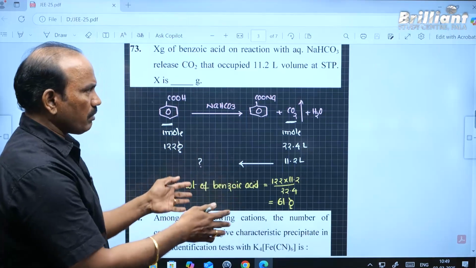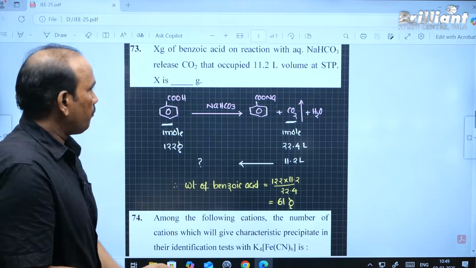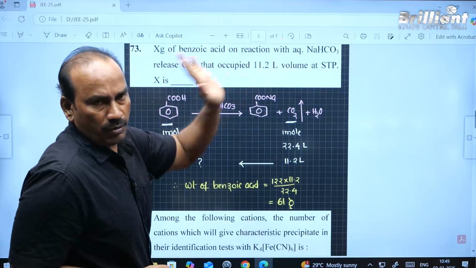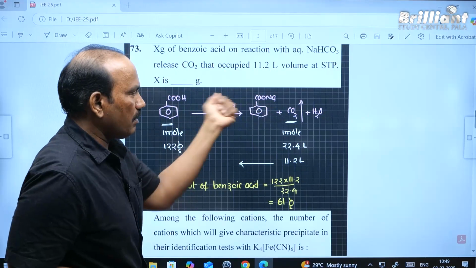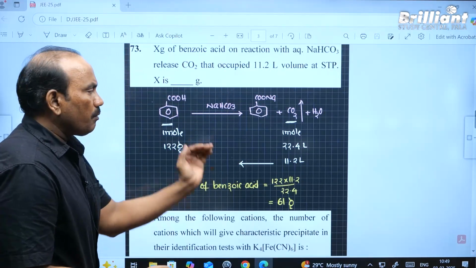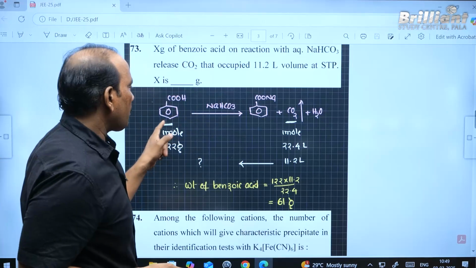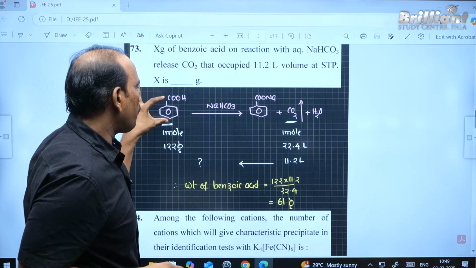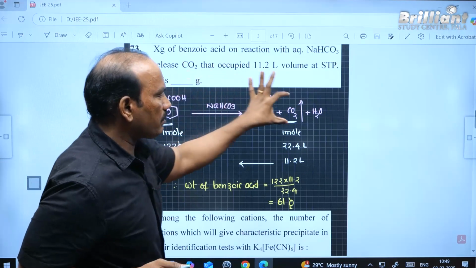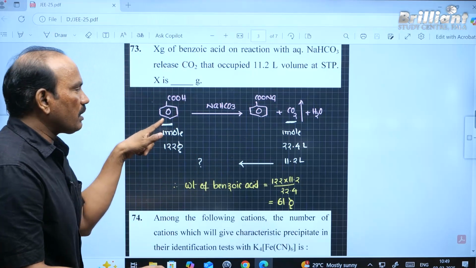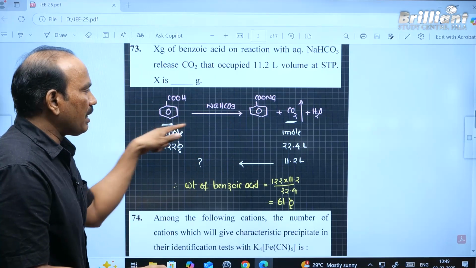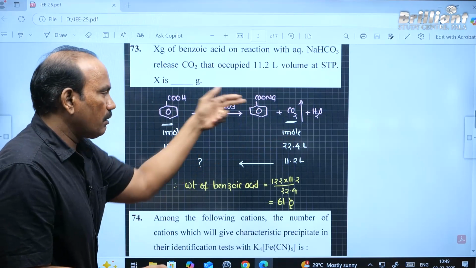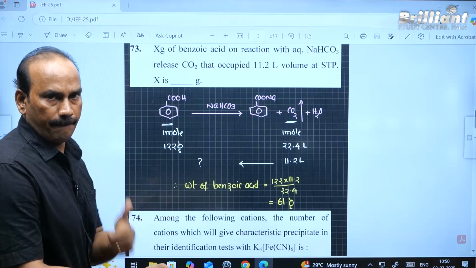For this question we need not write any kind of full equation. We want benzoic acid and CO2. That's enough. For formality, I am writing the equation. But for CO2, here marking. In this one, what is the relation? Benzoic acid versus CO2. Here how many moles are there in the equation? 1 mole. That is the marking. That is what I said, equation marking, that is the marking.